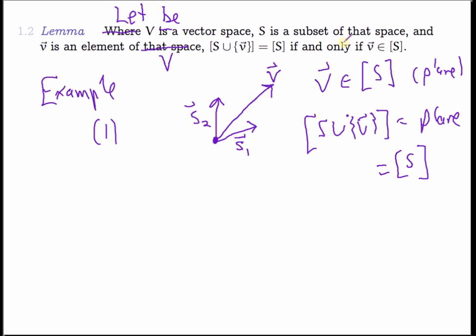Now remember, this is an if and only if, so really it's two statements. So let me show another example. Suppose I have S1 and S2 in the plane, and suppose v is out of the plane.